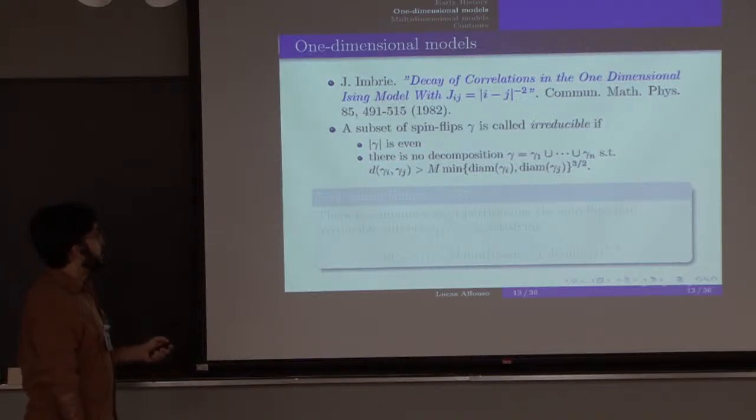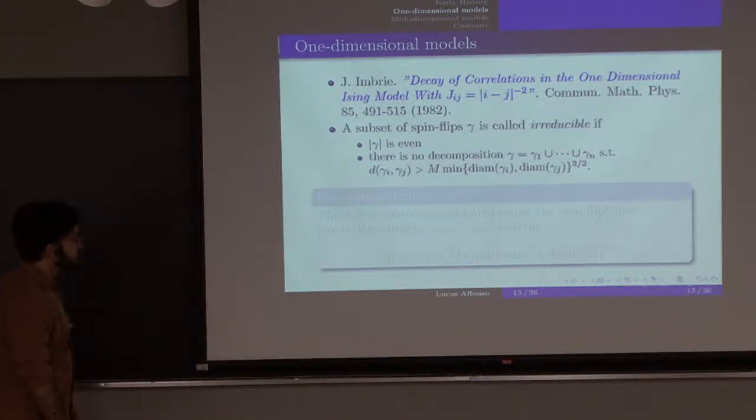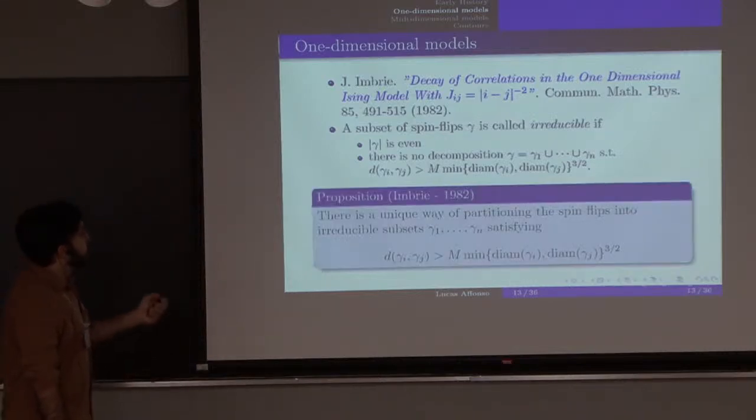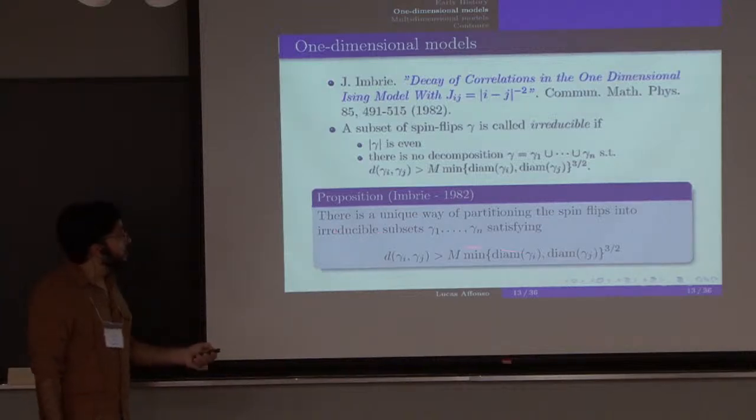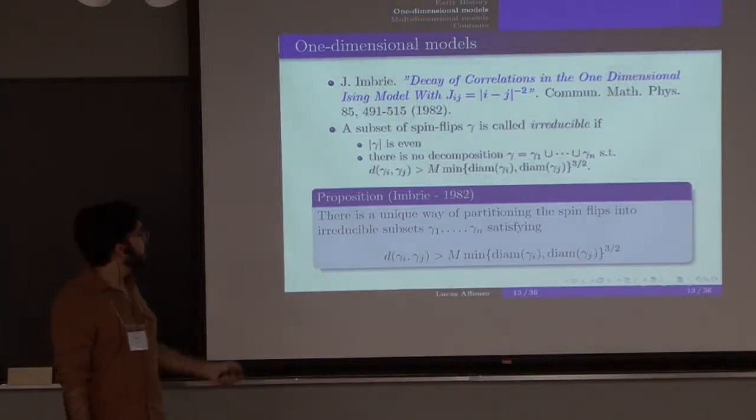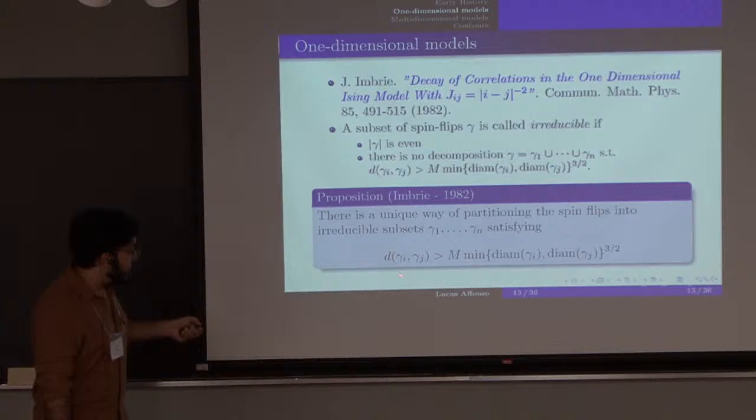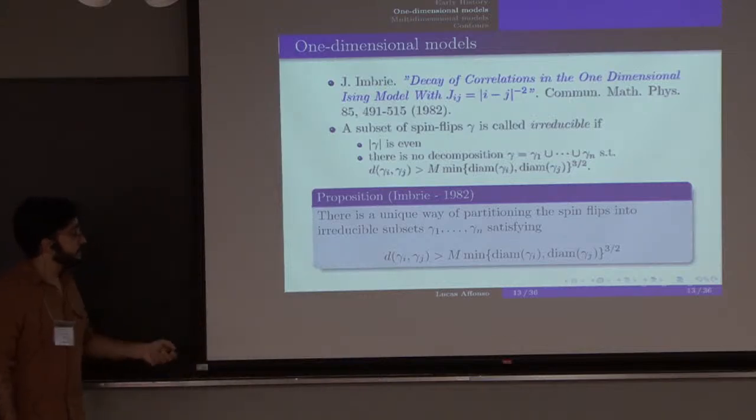So this means that you cannot decompose the set into distant parts, okay? And what he shows in this paper is that there is a unique way of partitioning the spin flips into irreducible subsets where this condition of separation is satisfied.